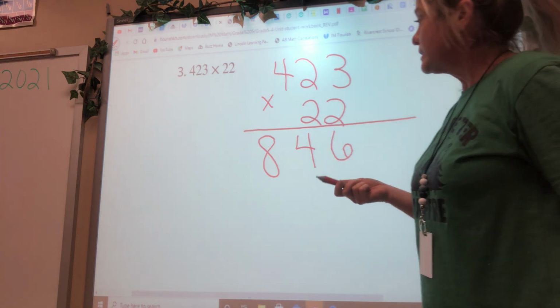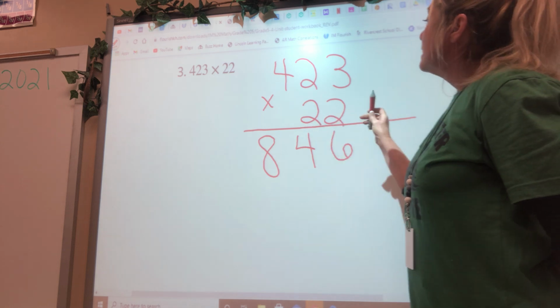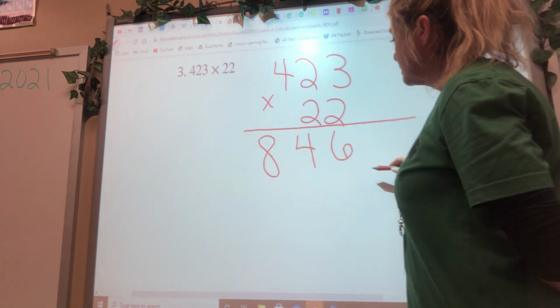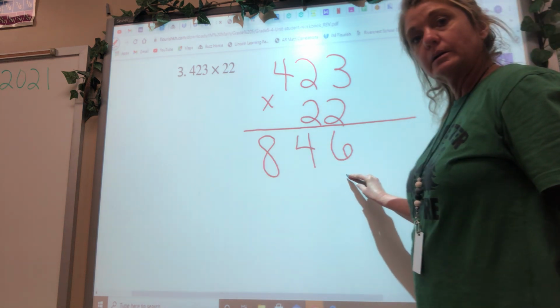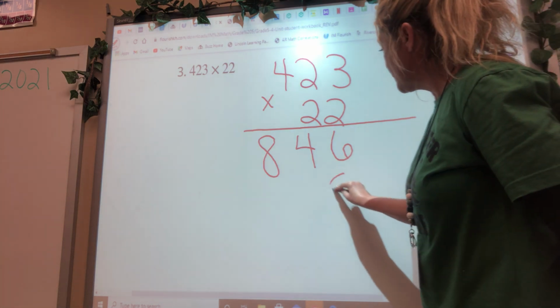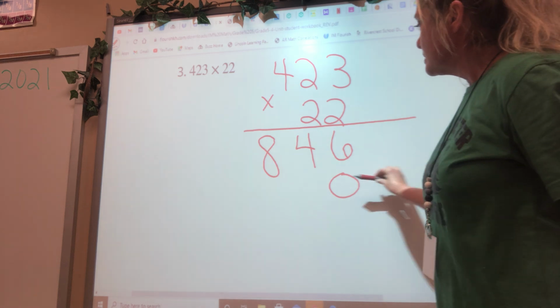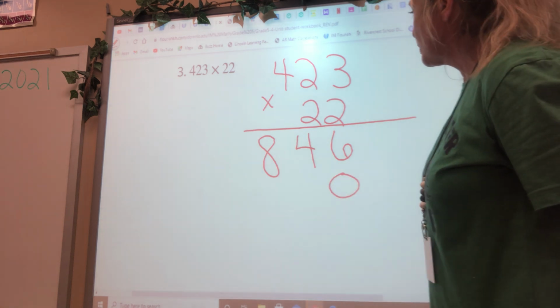Now remember, the tens place is the second number over, and we need to be in the second row under the second number. So what are we going to put here? Okay, we need to make sure we put our placeholder 0.